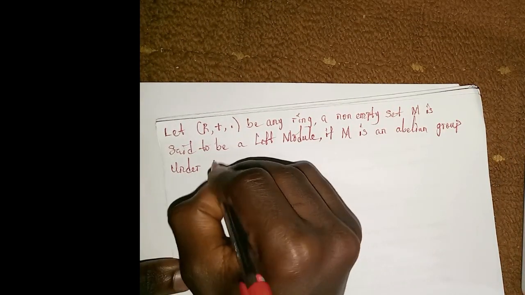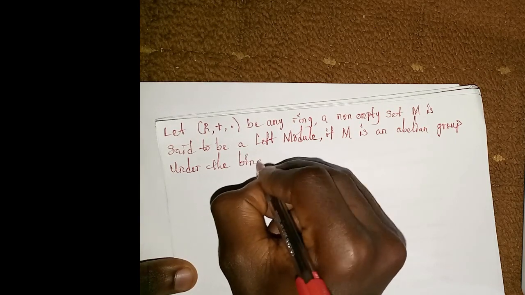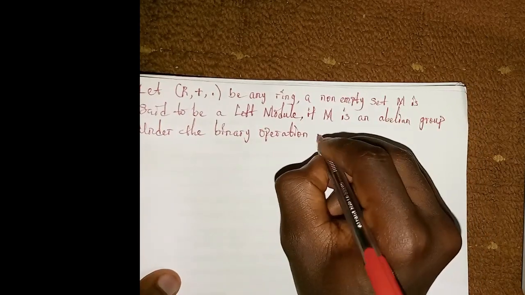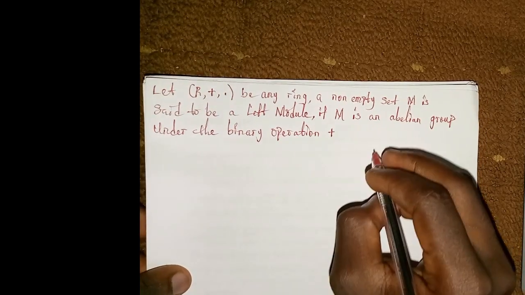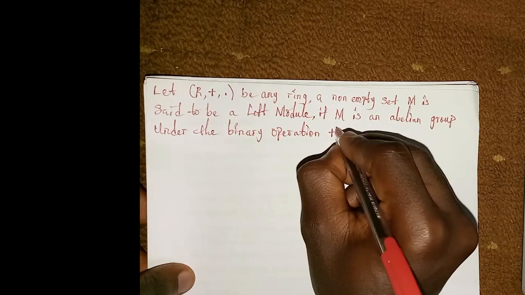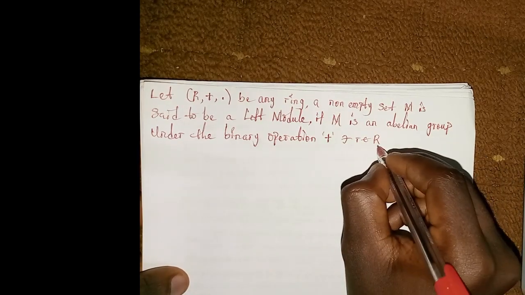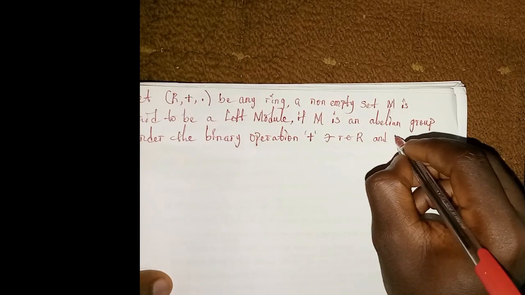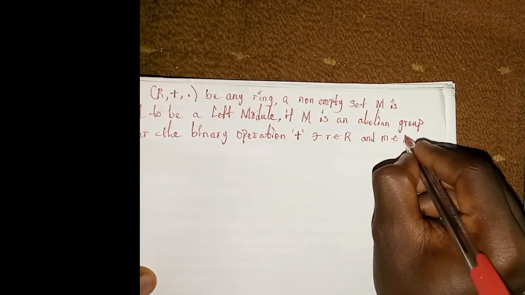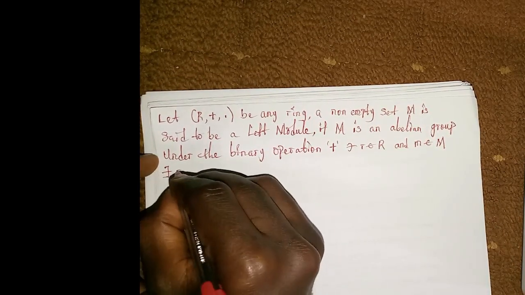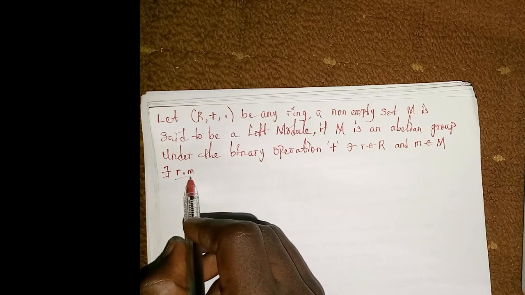If M is an abelian group under the binary operation plus, now we can say that such that r is contained in the ring R and small m is contained in the abelian group M. Now there exists a small r dot a small m. Now we can see that what we have here is a left ideal.